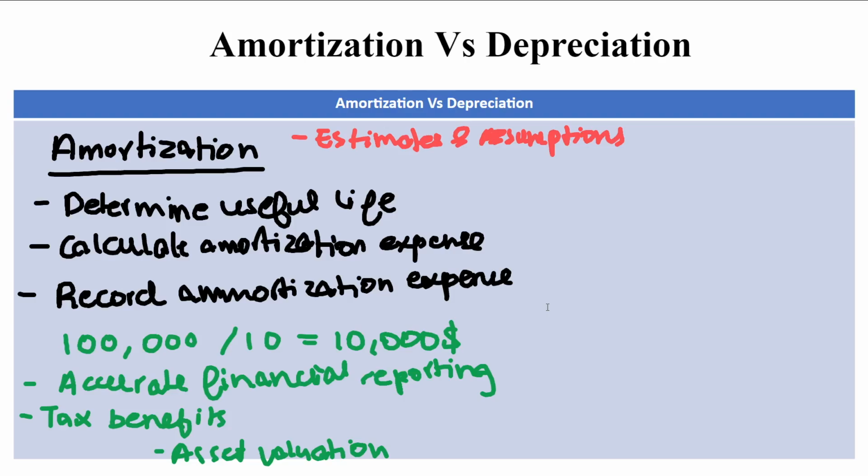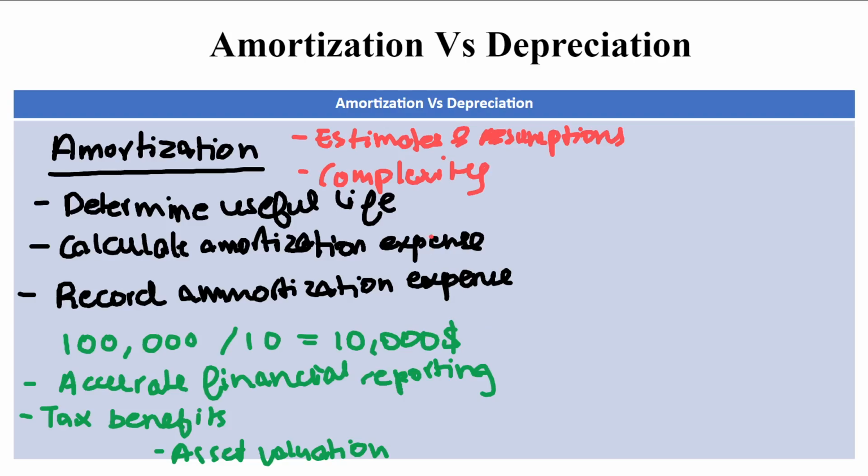It's always an estimate. Then we have complexity. Accounting standards for intangible assets can be complex and subject to interpretation.